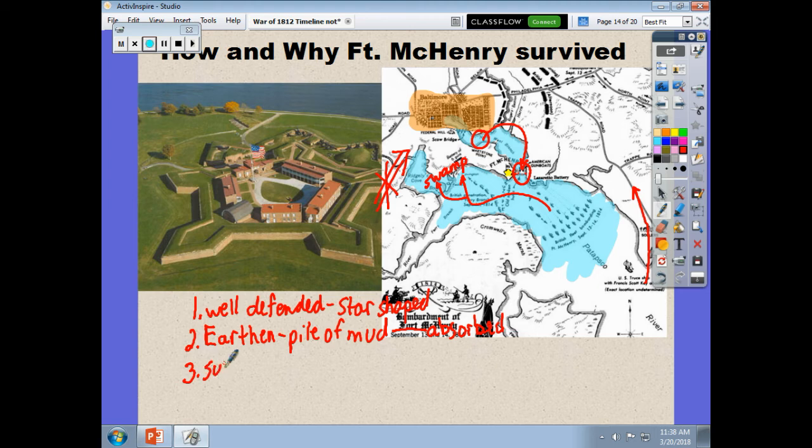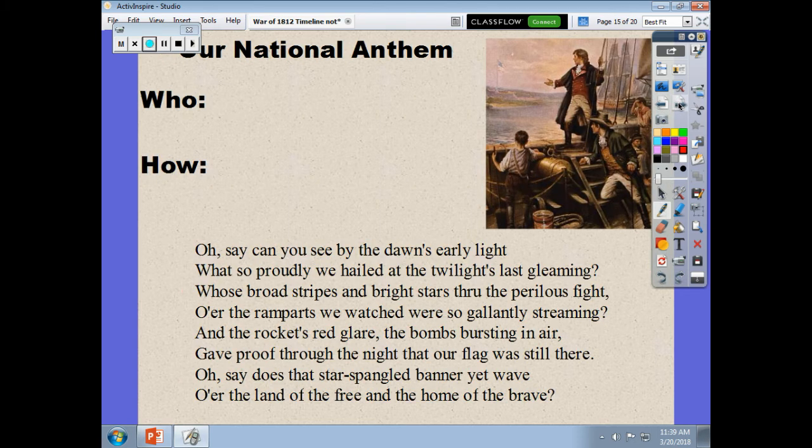So those sunken ships really did form a wall, and that wall protects not only the fort, but protects the city. It causes the British to have to sit out here in the harbor and to launch their attack via these bombs on Fort McHenry, one after the other, one after the other. 1,500 of these exploding bombs.